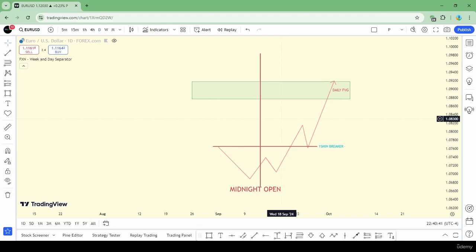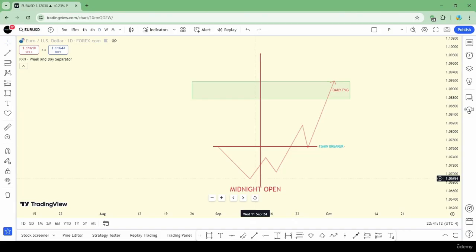So as you can see how I have outlined, we'll have the daily fair value gap, which was left the previous day after the market confirmed it, and this line shows the midnight open of the market. Whatever I've drawn here is not always how it will look, but this is just an example.